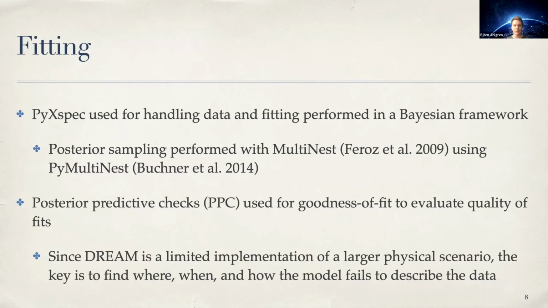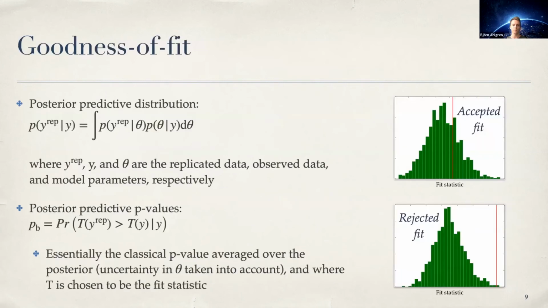So let me quickly talk about the goodness of fit. Michael already went through this, but we chose a posterior predictive p-value as a means to evaluate these fits. Now, this is not the most flexible of goodness-of-fit measures, nor is it the richest, but it does provide a simple rule for accepting or rejecting fits by giving us this Bayesian generalization of the traditional p-value.